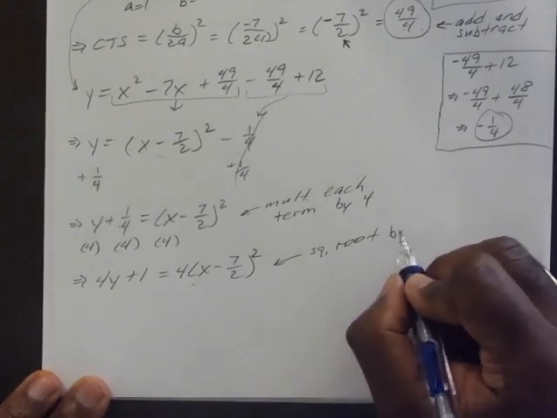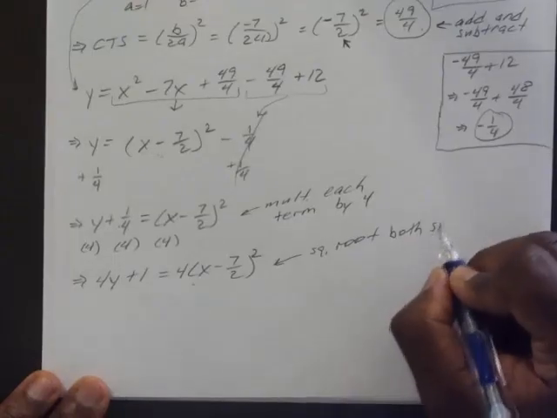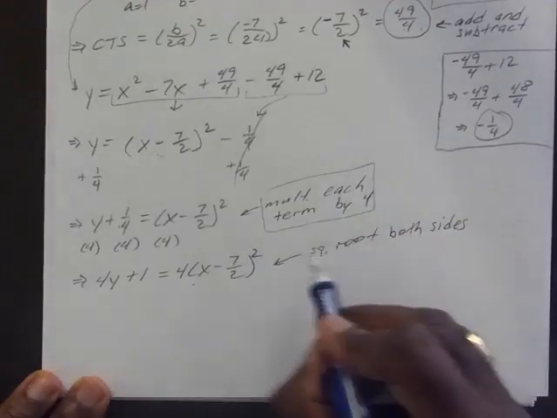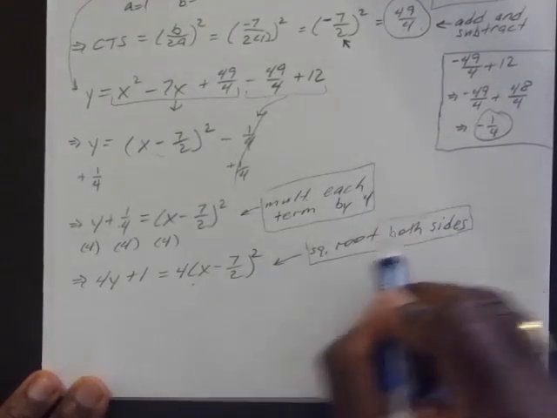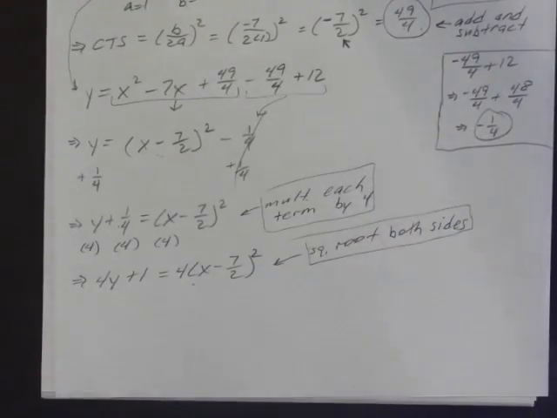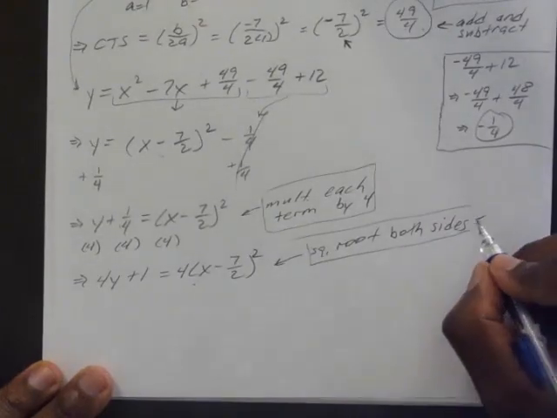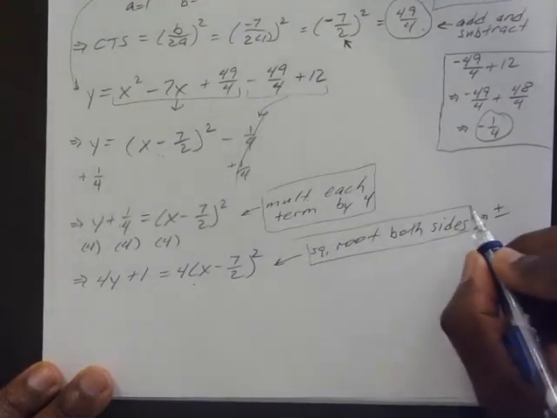I'll write it next here. Okay. Now remember, when you square root both sides using the square root property, you have to remember your plus minus.